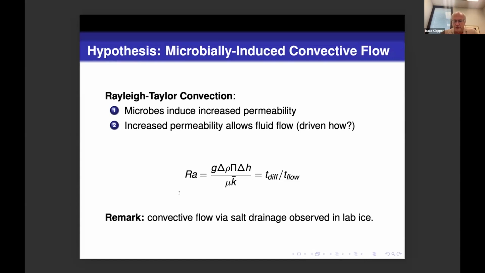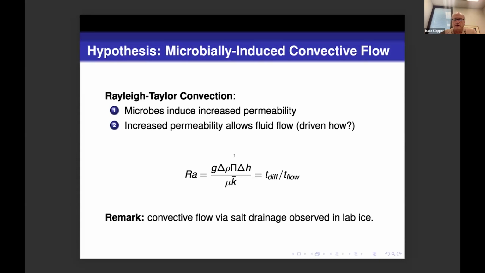And the key number is the Rayleigh number here, which roughly speaking tells you, at a given location, how long it would take to equilibrate just by diffusing versus how long it would take to equilibrate by flow. So if that Rayleigh number starts to get large and the flow time is relatively short compared to the diffusion time, then you can actually get some convection going. I won't discuss all these parameters, but capital Pi here is the permeability.